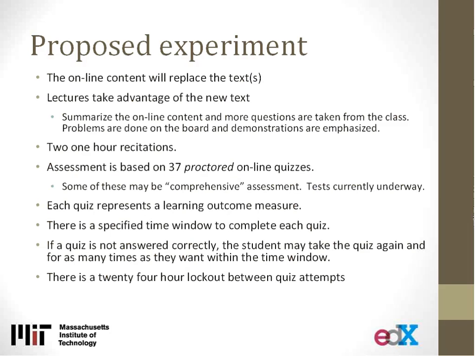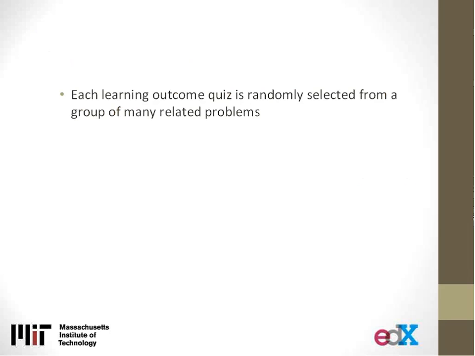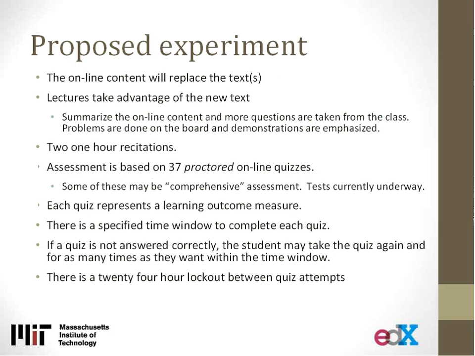The experiment is the following. We are going to use all this material as the text. There will be no text for the class. What's online will be the text. I'm going to take advantage of that because we've never had a text for this class. It's been all this stuff. We have our normal 2 hours of recitation a week.